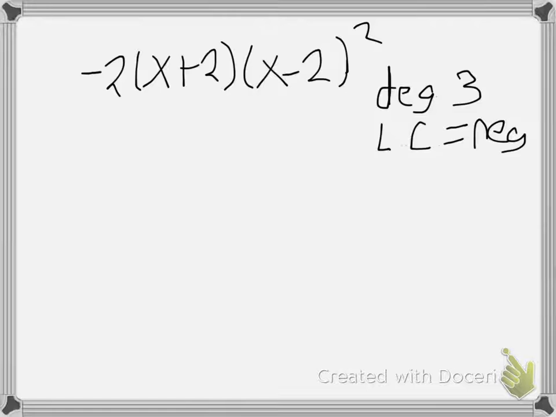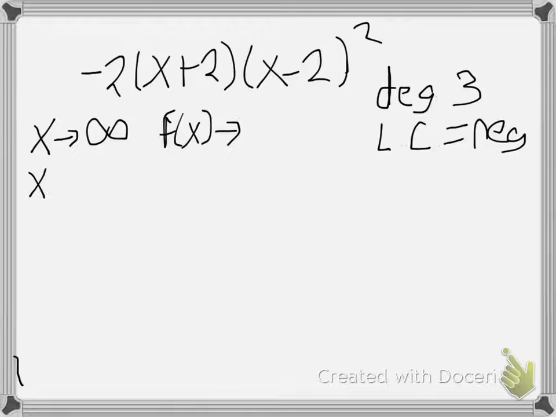Well, if you remember from class, in this type of notation, as x approaches infinity, what does f of x do? And then as x approaches negative infinity, what does f of x do?